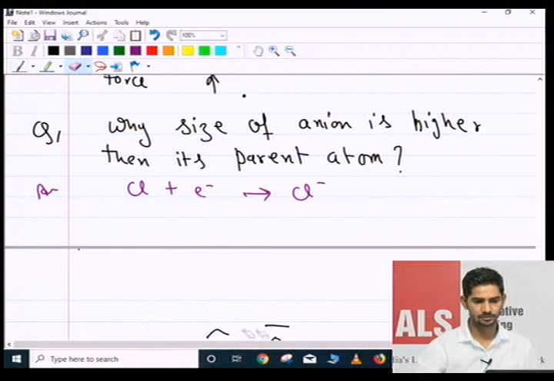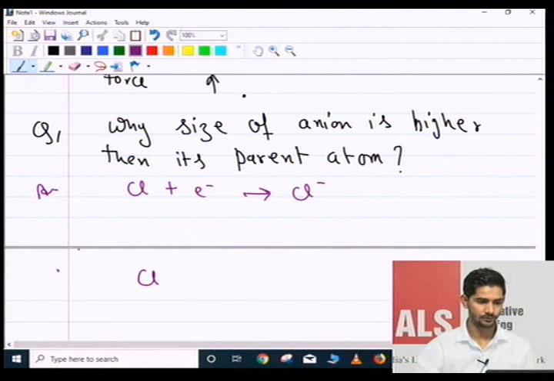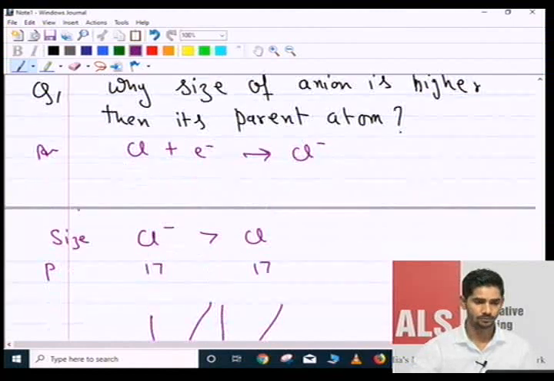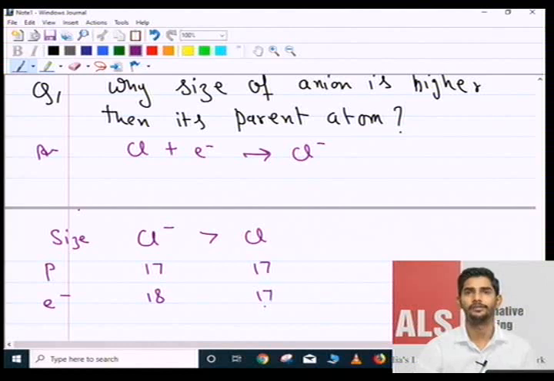Please copy this. If you have cleared the concept, then I don't think that much clarification is needed on this one. See, size of Cl minus would be greater than size of Cl. If I talk about the protons, it has 17 protons. This one also has 17 protons. But if I talk about electrons, it has got 18 electrons and this one has got 17 electrons.